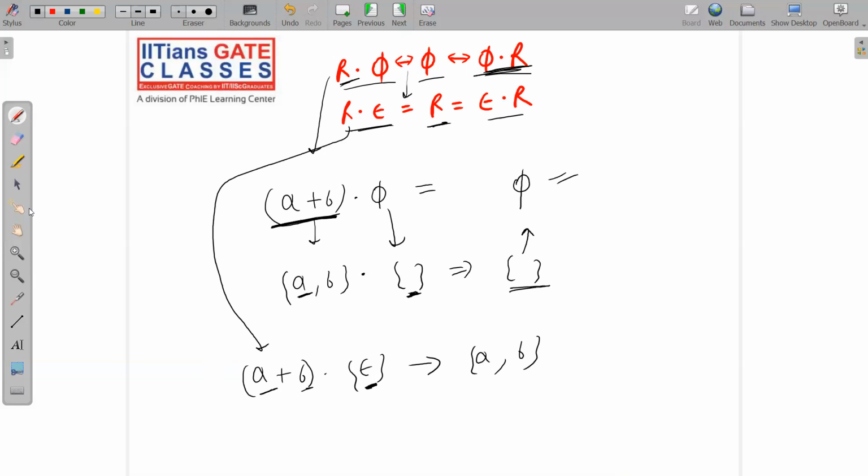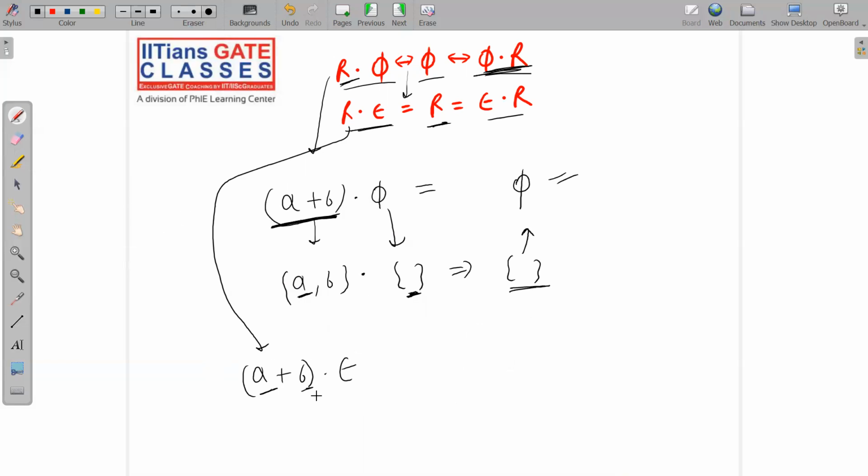Okay, so I think I have skipped one basic point. I hope by now you all have got it, but still let me give you a proper idea. The regular expression is a plus b. I am writing it because this is a recorded session. I don't know who got it and who did not, because you are not in front of me and you cannot tell me.